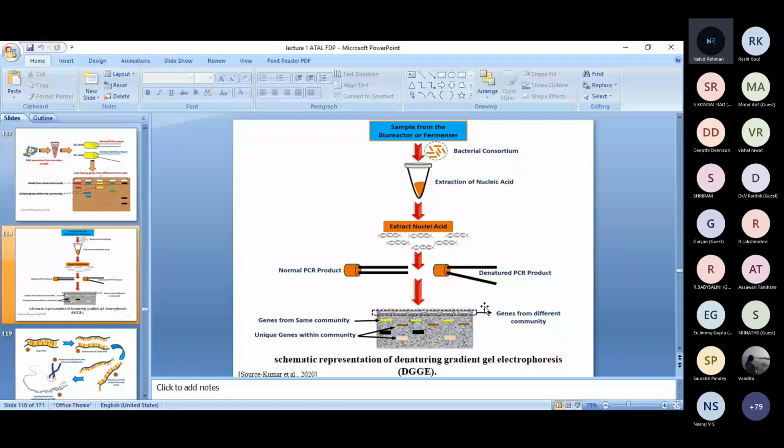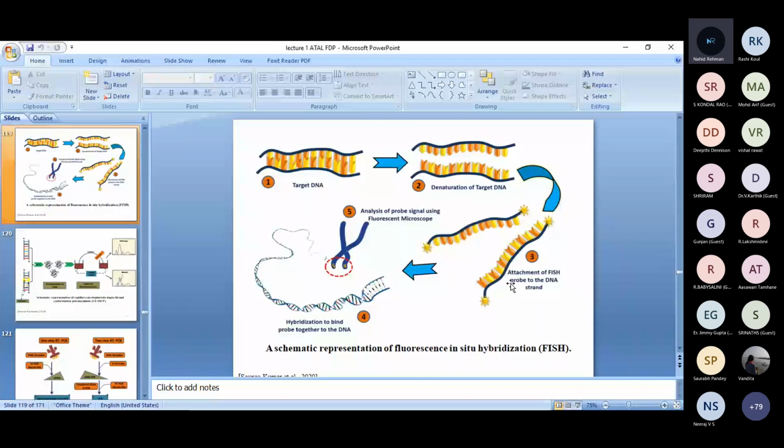So these transcriptomics or metabolomics have the future of any process optimization. I'm telling you, whether it is therapeutics, whether it is diagnostics, whether it is industrial oriented. And for identification of these, we have different types of techniques, among which FISH is very important.